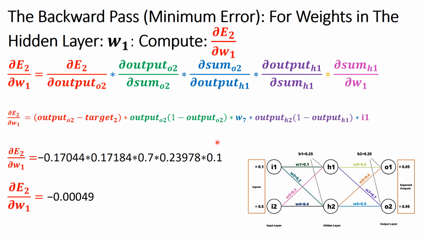It is very similar to the calculations we did for the gradient of E1 with respect to W1. This term equals this, and this term equals this, and so on. We plug in the numerical values, and this is the final result. If any part of the derivative is not clear, you can go back to the previous calculation and you will understand.